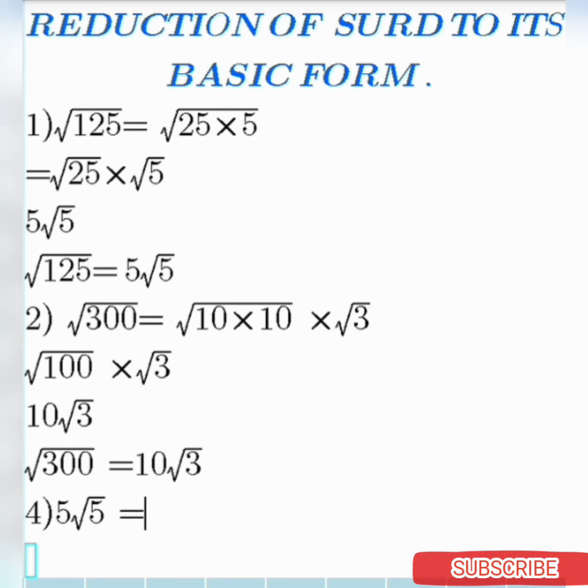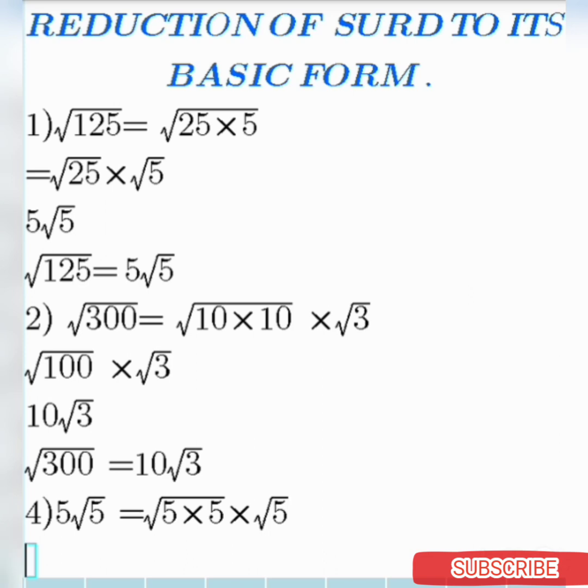The only thing you're expected to do here is to multiply the 5 that is outside by 5, by saying root 5 times 5. After multiplying it by 5, you also put the root 5 that was already given to you, which is 5.